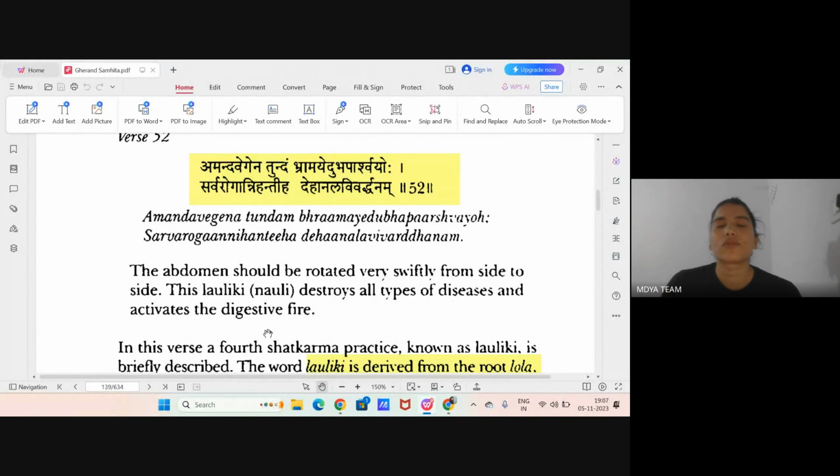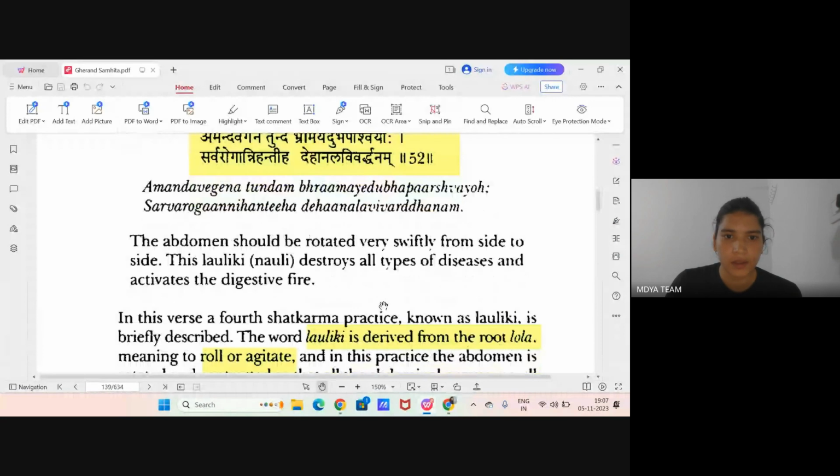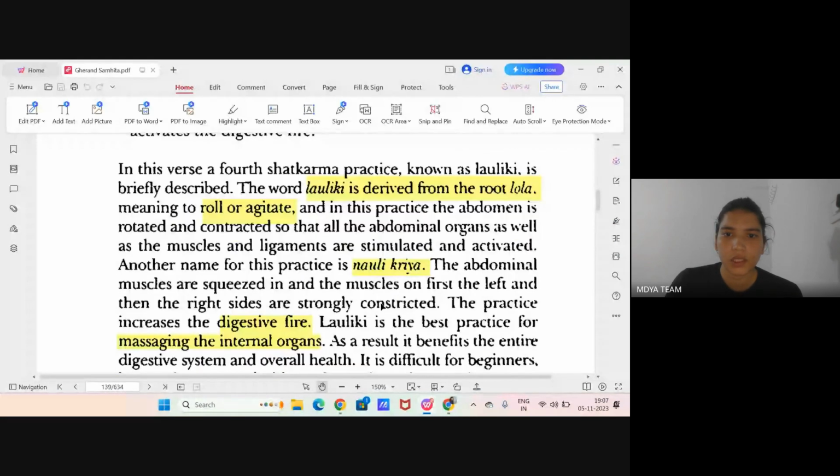Sometimes in the exam, if you don't remember or it's confusing, then use your best common sense: which part of the body is this practice based on? In most answers, I think the digestive fire is very common, so you should be wise in choosing the option. So it increases the digestive fire and destroys all kinds of diseases. Clear?